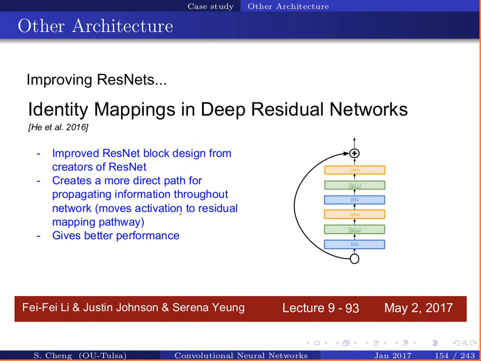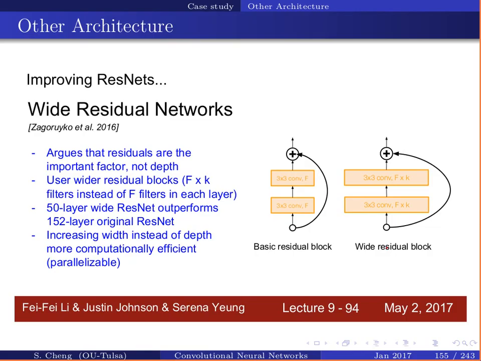And there's also some newer paper beyond ResNet, for example by the same group. They found that instead of doing the setup as in the earlier paper, if they stack things this way, they get better results.